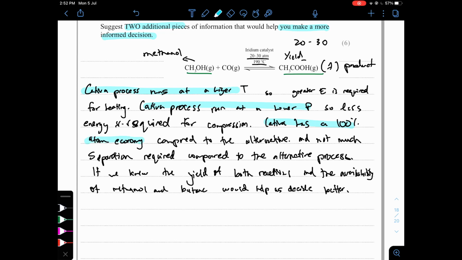And because it only has one product, we require less separation.